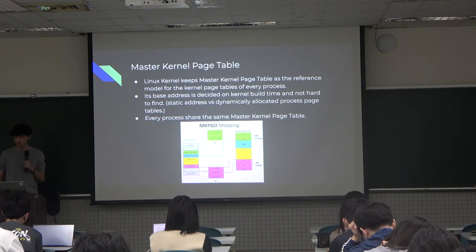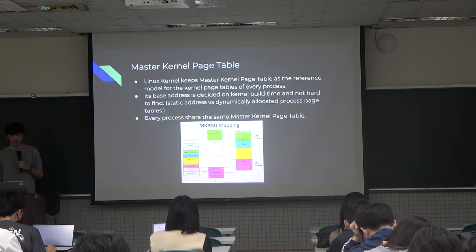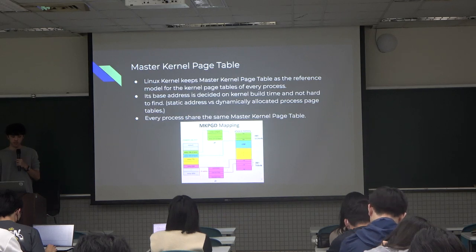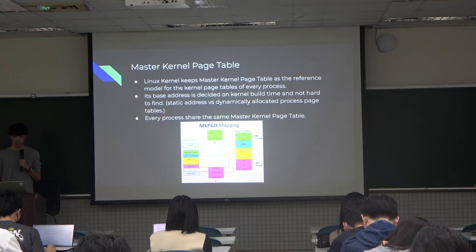Linux provides every process a copy of the kernel page table so that it can do essential operations like system calls. Every process has the same master kernel page table, and if one instance of it is modified, all of them are modified.